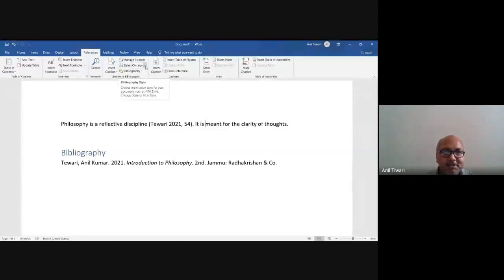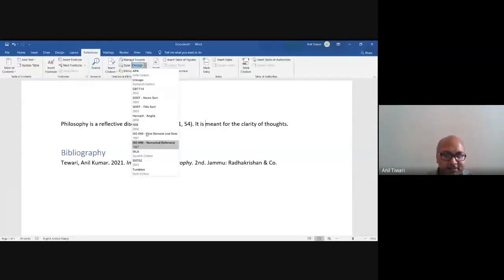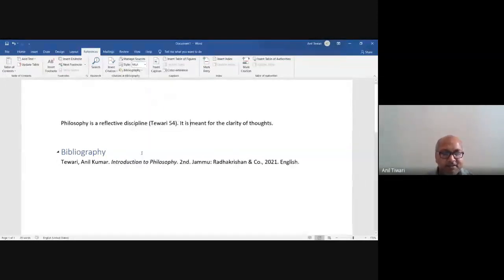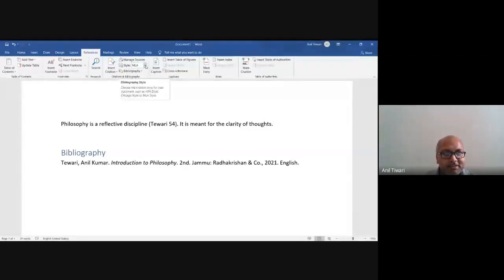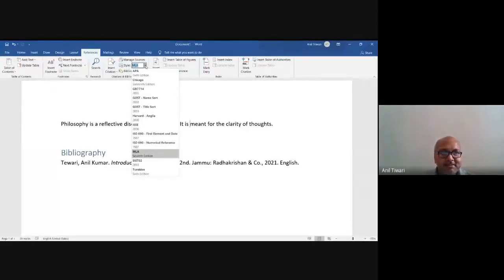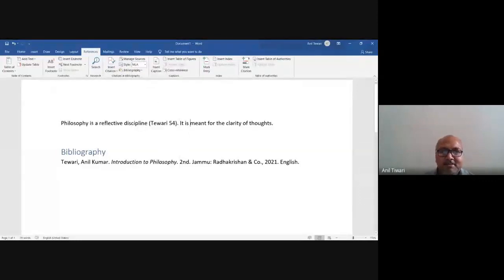Whatever style you want, you just change here and it will take MLA style. So now it is in MLA style, right? The moment you select here, your bibliography automatically catches it. So this will save a lot of manual work for referencing purpose, and it will be a repository for future work.